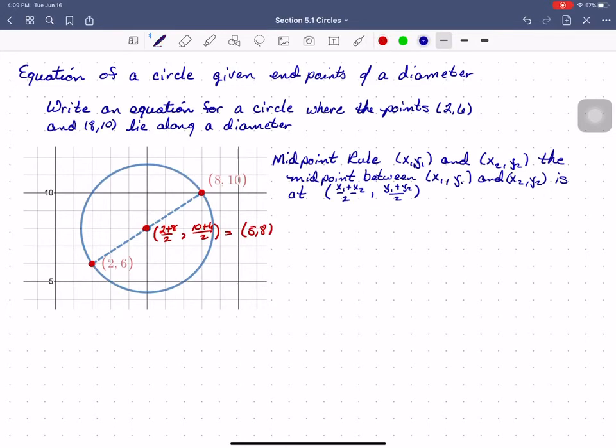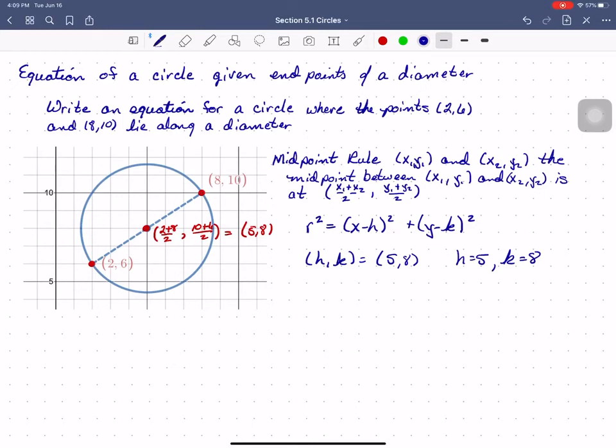So remember the equation of a circle: r squared equals (x minus h) squared plus (y minus k) squared. I now know that the point (h, k) is at (5, 8), which means that h equals 5 and k equals 8.